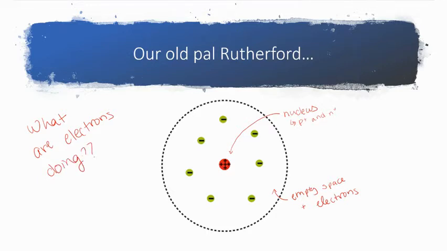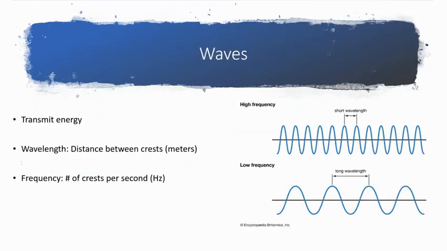Okay. So before we can understand what our electrons are doing, we need to take a look at waves, because matter can emit and absorb light. Okay, and this is where we're going to come into terms of the model of our atom. And we know light is going to act as a wave and a particle.